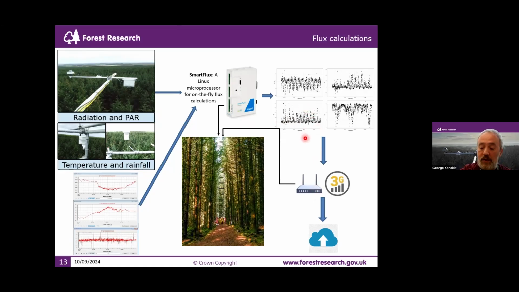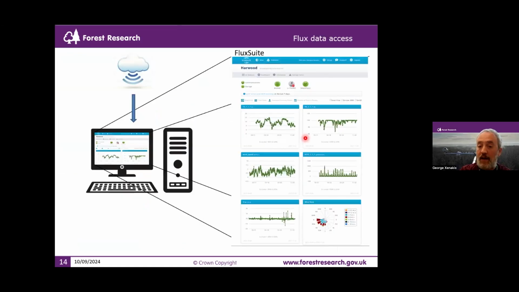Then we could download this data on a nice platform and visualize it, so we had a constant feed of what is happening on our site, and we could see changes as they were happening, which was a really, really neat process.